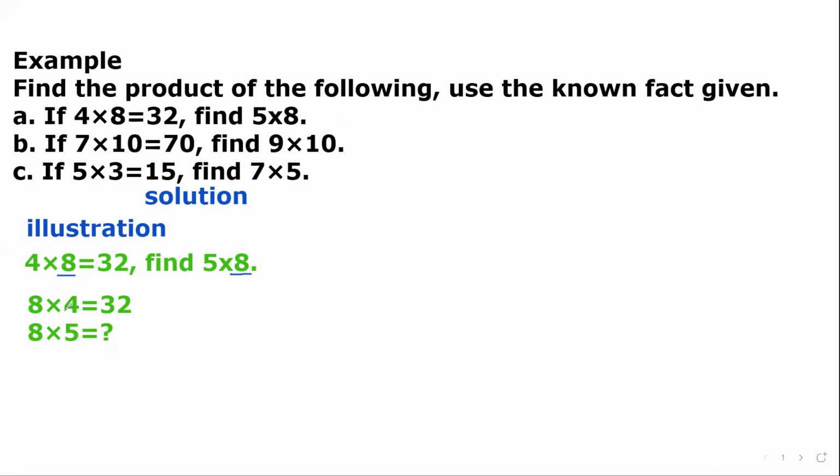Based on the numbers, the number has increased from 4 to 5. So we are going to skip counting from the 4 up to 5. Our narration here will be skip counting up. And we said when you skip counting up, you always add the multiplier to the known facts.